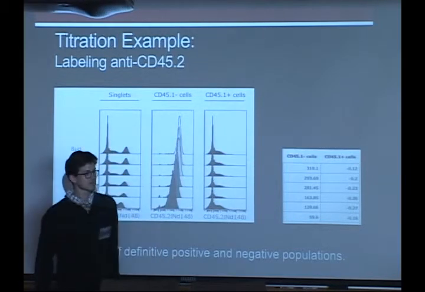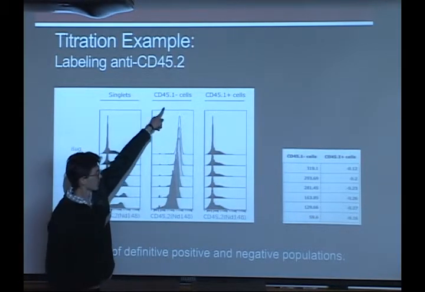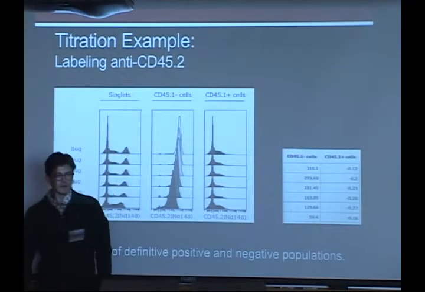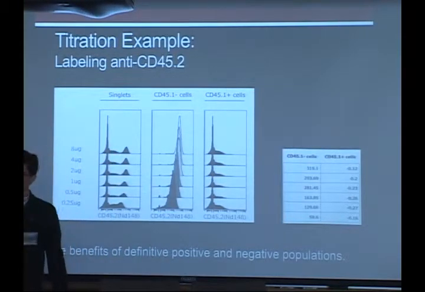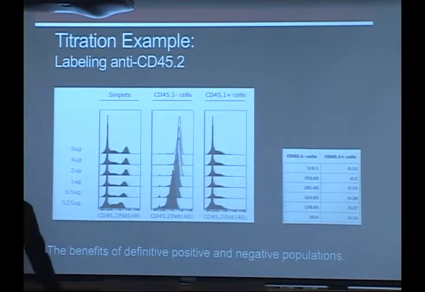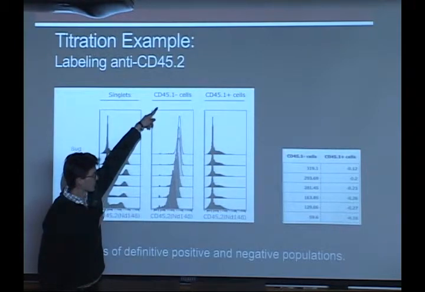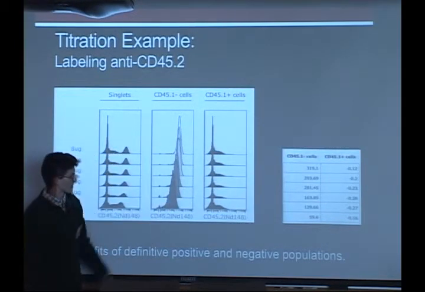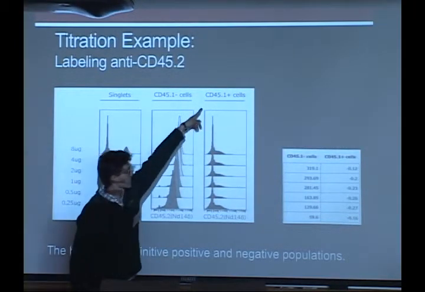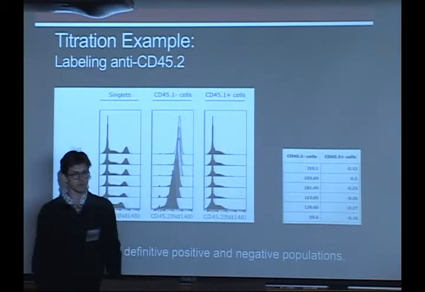So we have our positive control and our negative control. And then on those 2 populations, we could look at the expression of the new antibody that we were trying to measure, which is CD45.2. And as you'll see, only the cells lacking 45.1 have 45.2, whereas the cells expressing 45.1 have no CD45.2.